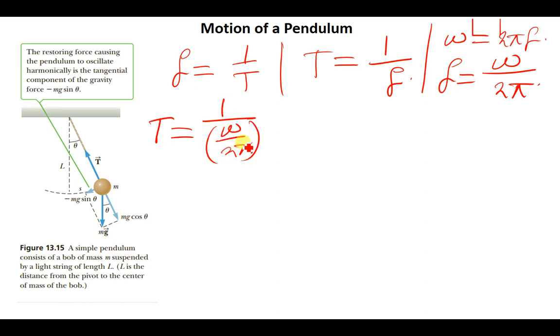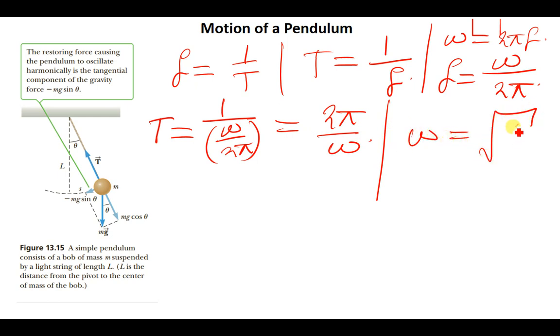When we divide that, this will simply be 2 pi over W. But remember, W is just equal to the square root of g over L. This is what we found as W. So the period is the same as 2 pi over the square root of g over L.